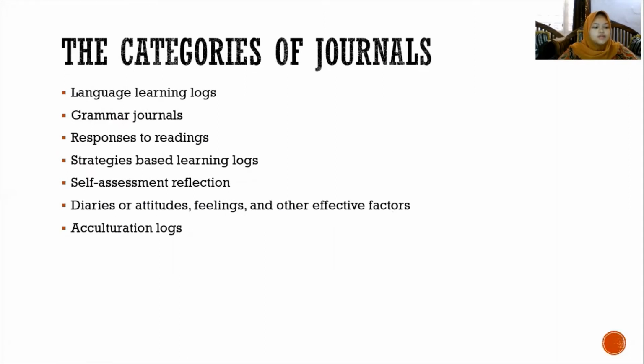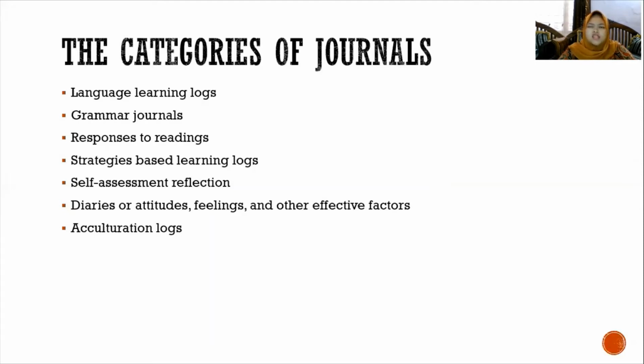We move to the categories of journal. The first one is language learning logs, grammar journal, response to reading, strategies-based learning logs, self-assessment reflection, diaries of attitude, feelings, and other affective factors, and acculturation logs.